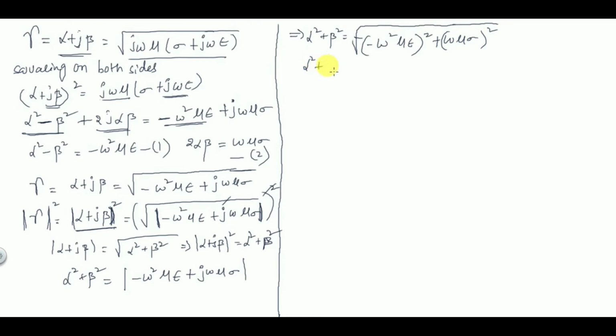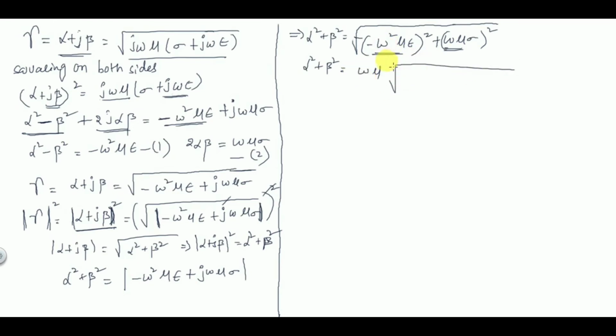Okay, so alpha square plus beta square is equal to... take one omega mu, the constant we have, which is there in both terms. So take omega mu outside the square root.